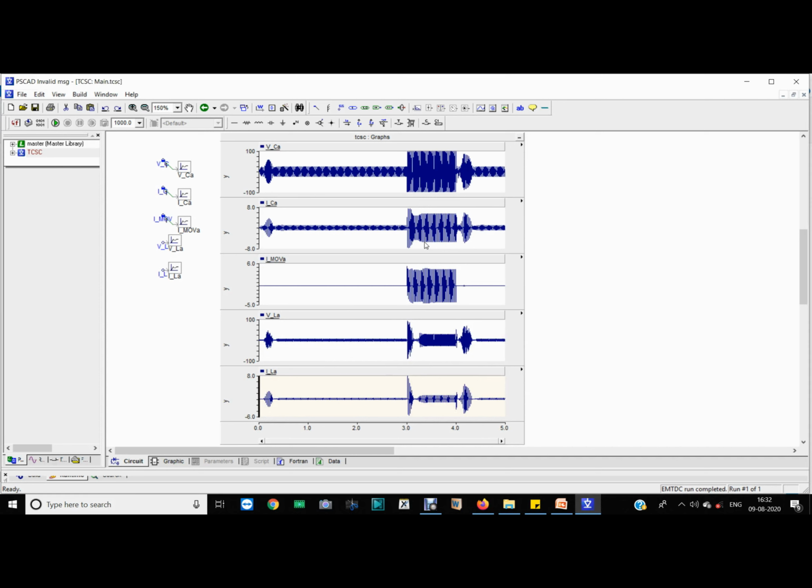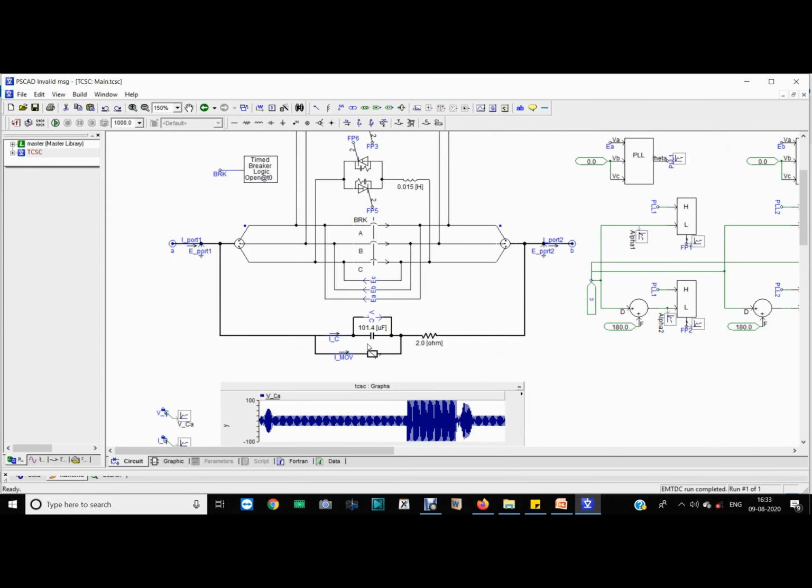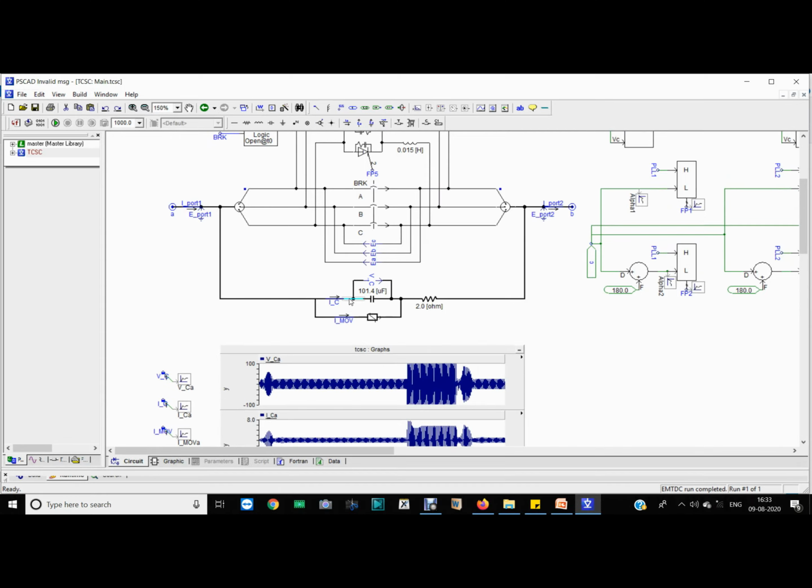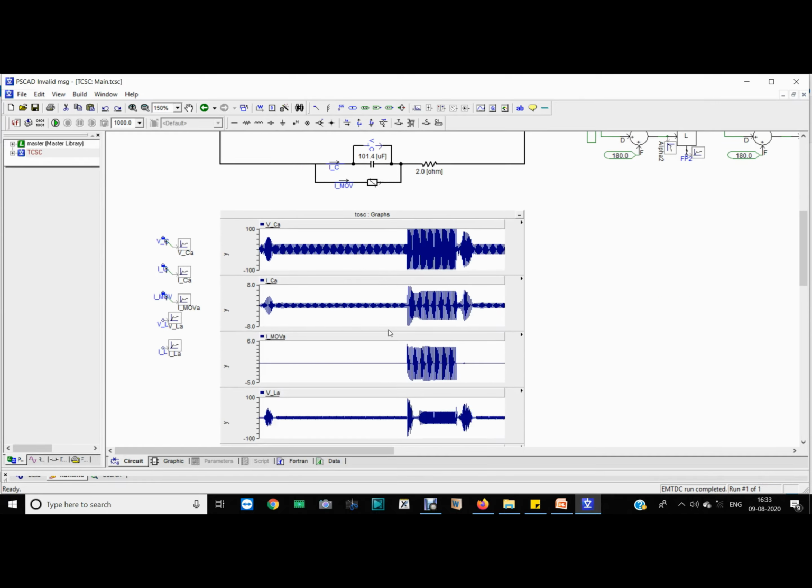Now you can see that in normal conditions some of the line current is flowing through the capacitor, some of the line current will flow through the inductor. There is no current flowing through MOV, but when a fault occurs and the voltage across the capacitor crosses the voltage rating of MOV, the MOV starts operating, right?